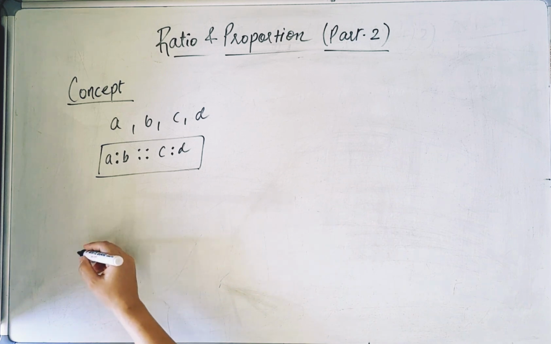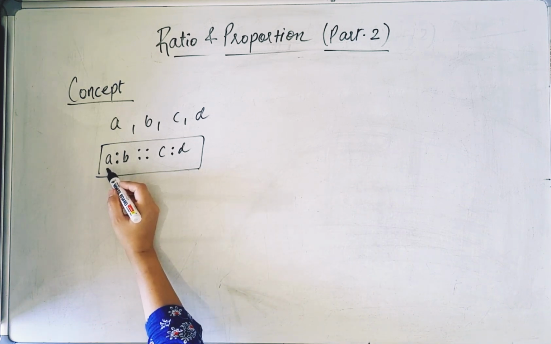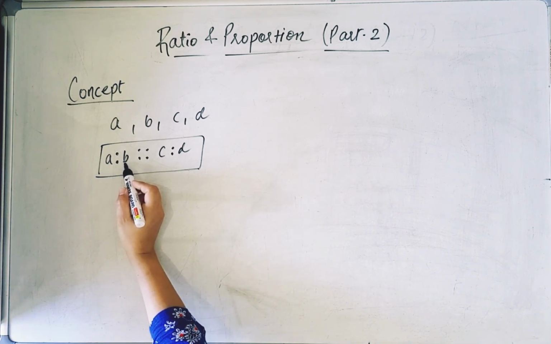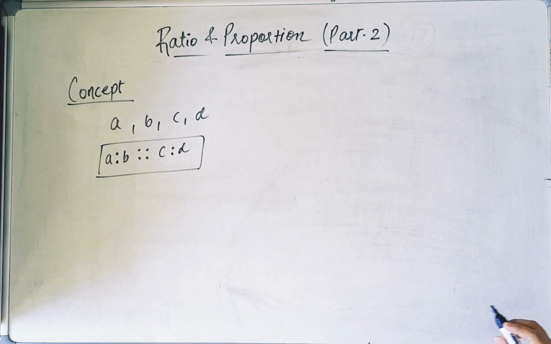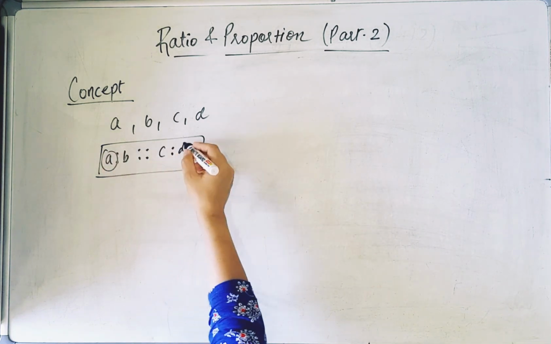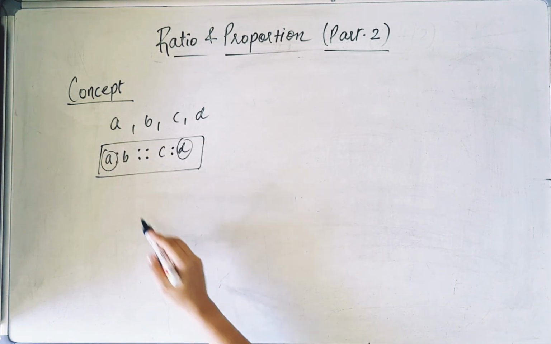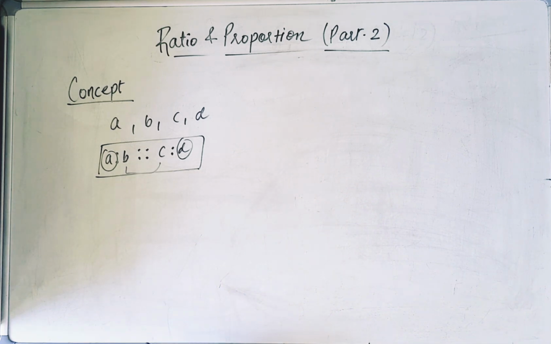Now under this, A is known as the first term, B the second term, C the third term, and D the fourth term. And A and D are known as extremes, and B and C we call means.